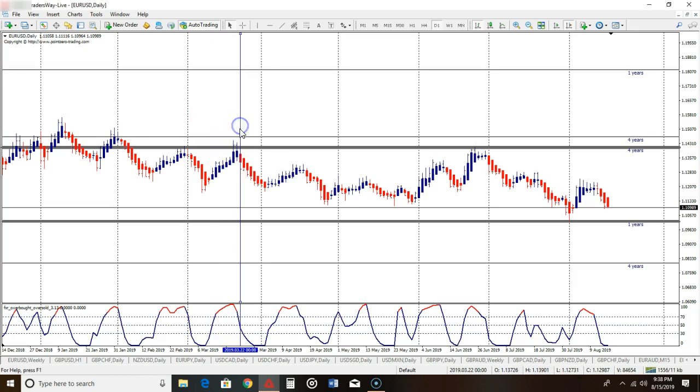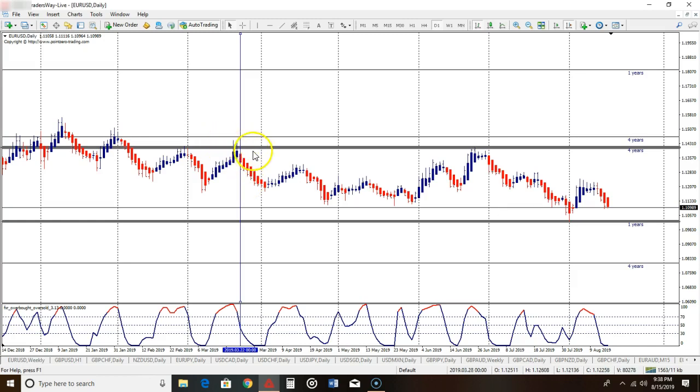All right, so you may ask, just because it comes to the level, it could break through the level, it doesn't have to fall away. You're correct. So what you always want to do when you're trading off support and resistance is use it in conjunction or in combination with another indicator, price being the first indicator.